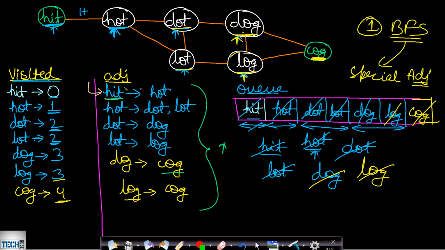This adjacency list is important because if we take a node, then everything adjacent to it will always be at a level below this current node. Let's say we take this lot, then adjacent to lot is log. This means that if we are at this node lot, and if we perform DFS, we will go simply to log. So from lot we can go to log, and we cannot go to dot or hot.